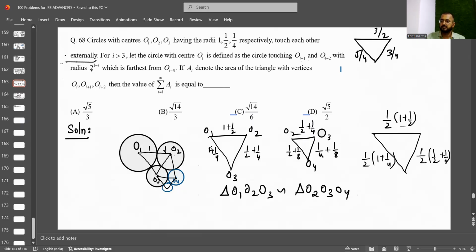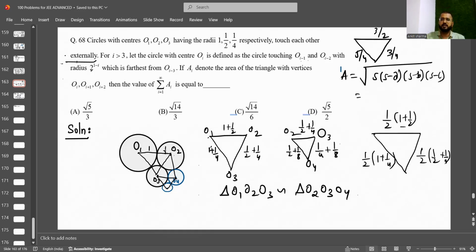So these are my sides. Now I need to find the area. First let's find the semi-perimeter, since the area is the square root of s(s − a)(s − b)(s − c). Let us find this and see what we get.